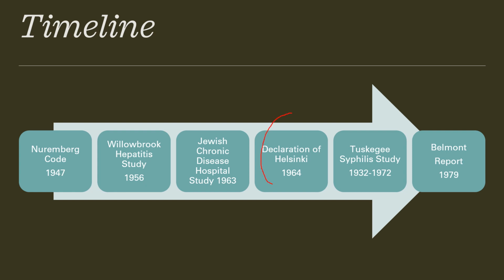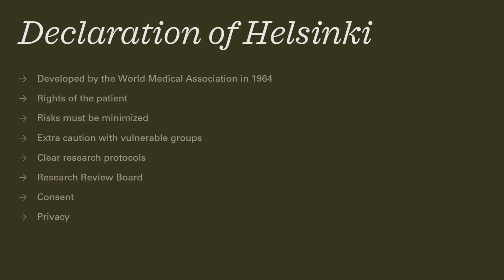Next on the timeline is the Declaration of Helsinki, which occurred in 1964. The Declaration of Helsinki was developed by the World Medical Association in 1964. It took what was already known from the Nuremberg Code and further established the rights of the patient, which included things like consent, as well as the rights to agree or disagree, and reminding researchers of the patient's autonomy.